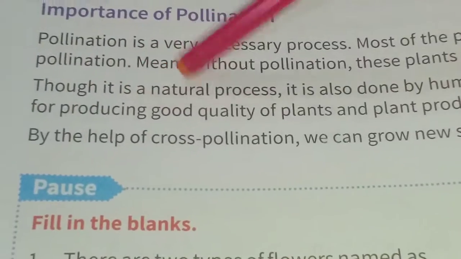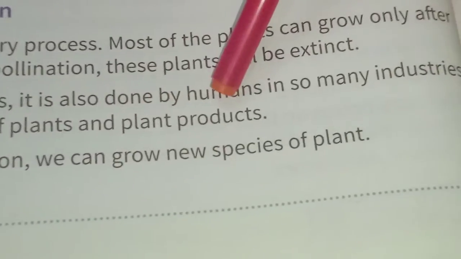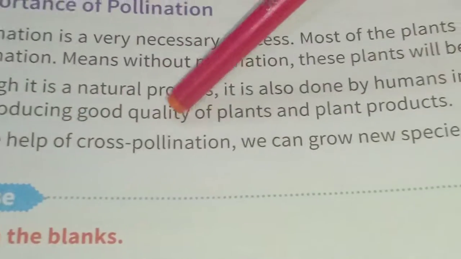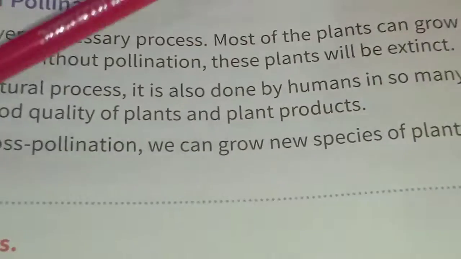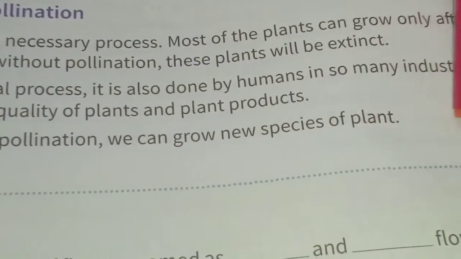Though it is a natural process, it is also done by humans in many industries for producing good quality plants and plant products. With the help of cross-pollination, we can grow new species of plants.